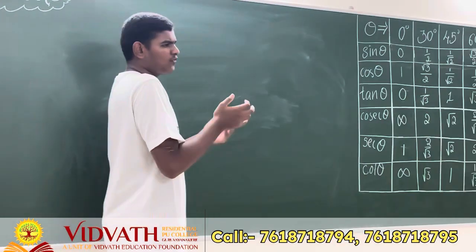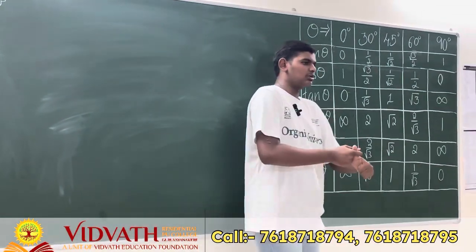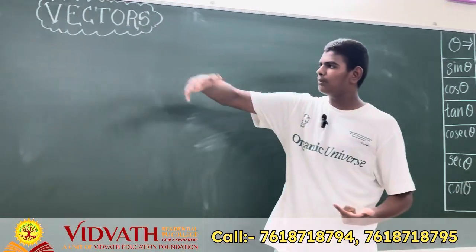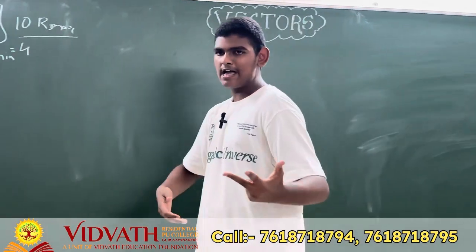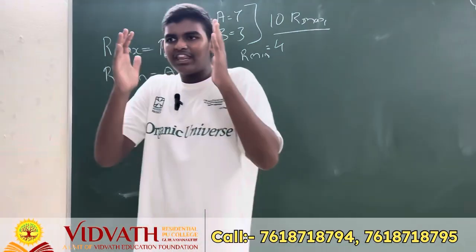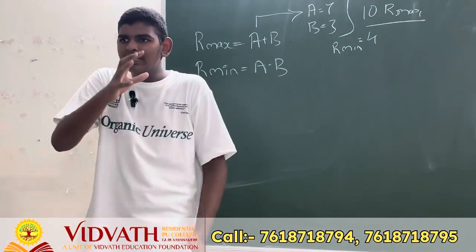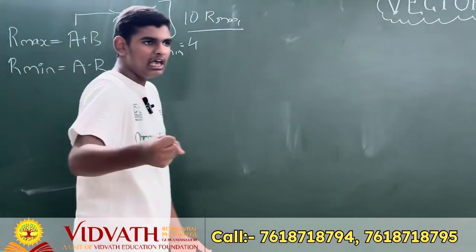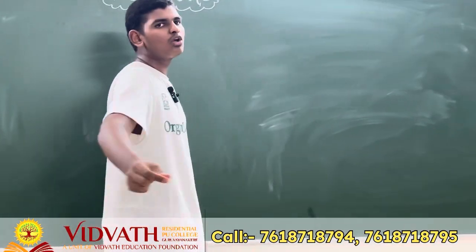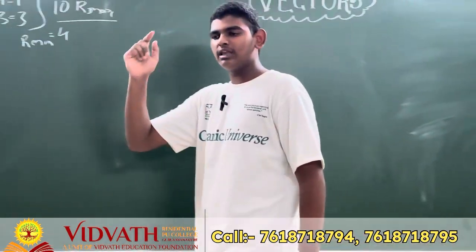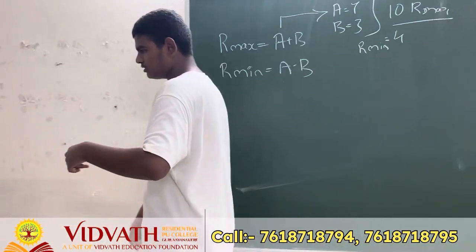We've done a lot of things: you know what magnitude is, you know resultant, you know how to find the maximum resultant and minimum resultant. Now we are very close to getting vectors completely in our hand. Any question from vectors, we'll solve it within minutes. Next main thing, multiplication of vectors.